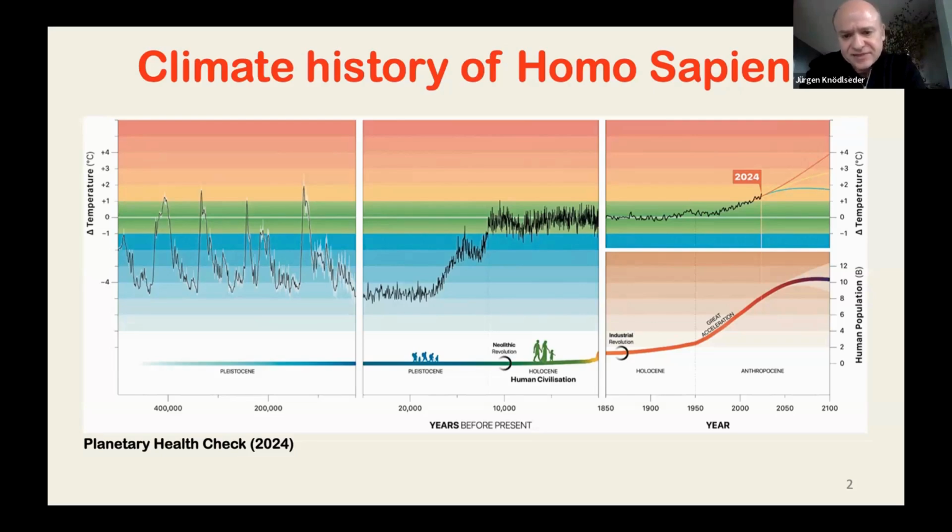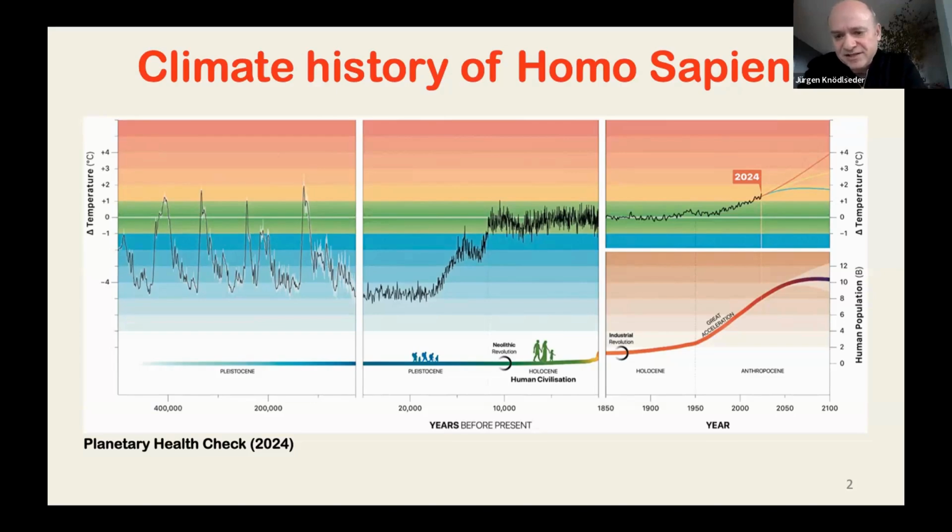And then the climate stabilized at the temperature level that we still knew at the time when I was born. This is shown as a green corridor. And this stability allowed humans to settle down. The period is now the Holocene. And this is basically why humanity could found civilizations.